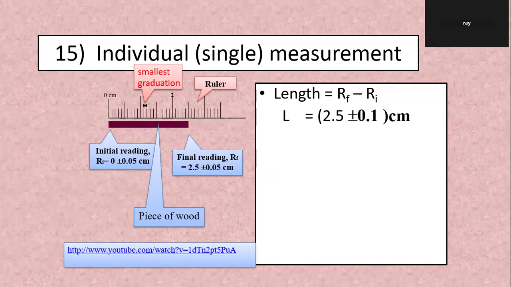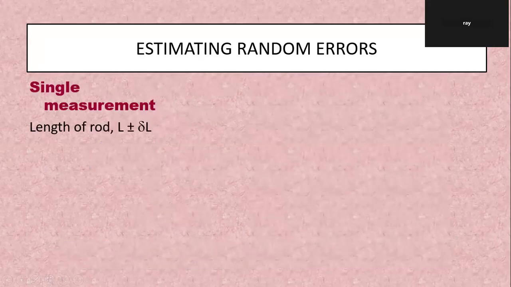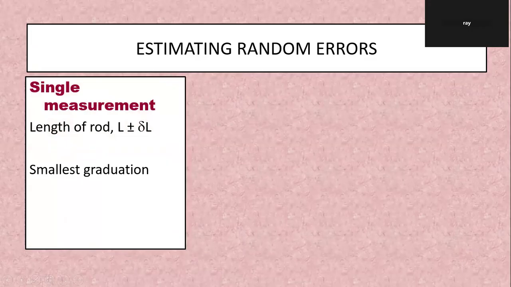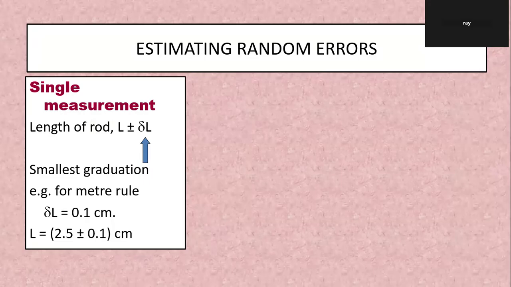Okay, so the length is the final reading minus the initial reading, 2.5 plus minus 0.1. You add the two errors. We add the absolute errors: 0.05 plus 0.05 is 0.1 cm. For a single measurement, use the smallest graduation, for example a meter rule, 0.1 cm. So we write 2.5 plus minus 0.1 cm.